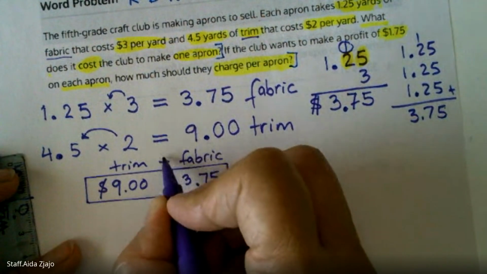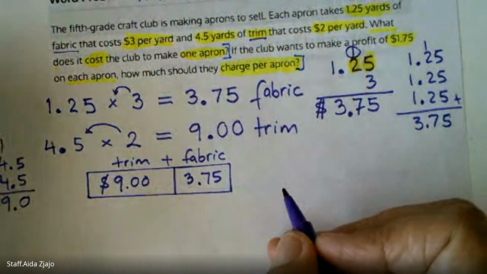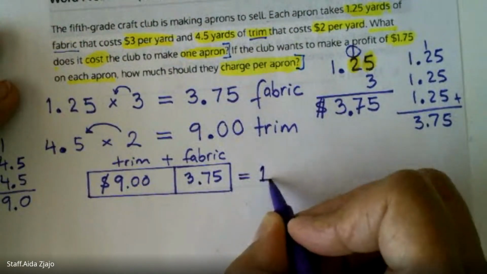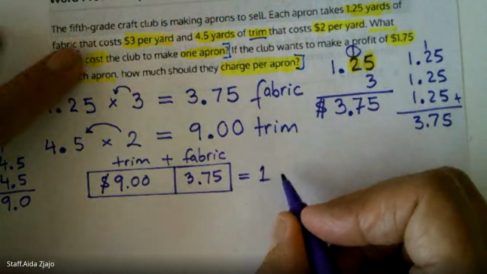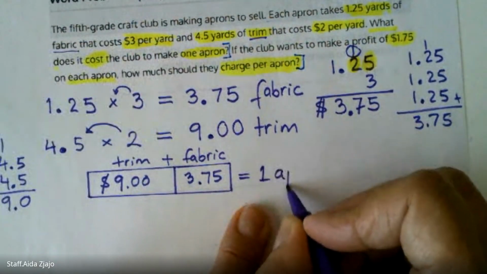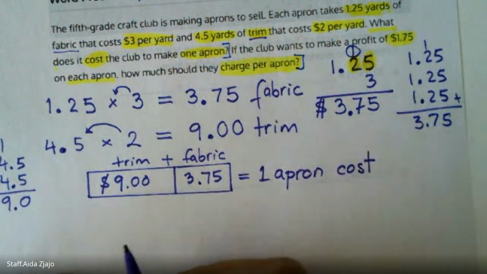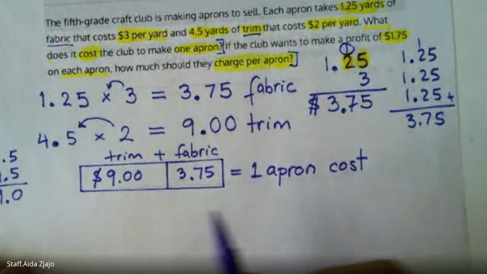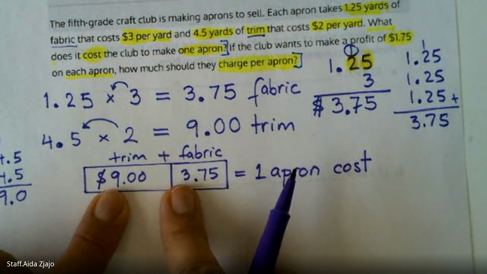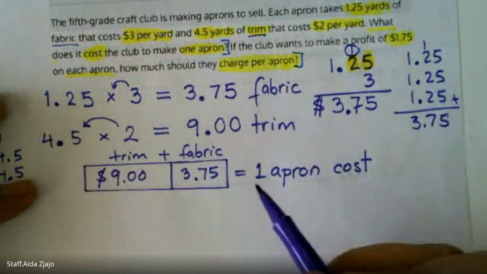So trim plus fabric will give us the total of how much one apron costs. So this equals the cost of one apron. Okay, so let's do that. 9 wholes and 3 wholes is 12 wholes and 75 cents. So this could be done mentally as well.